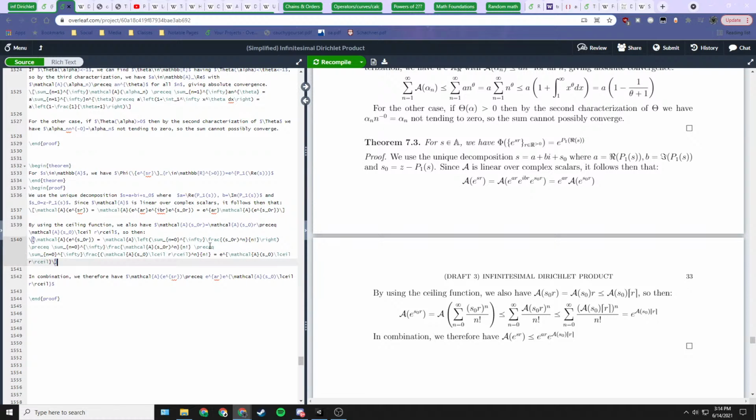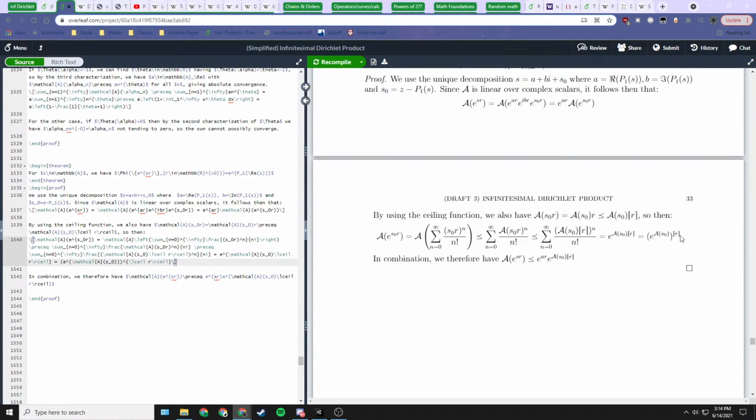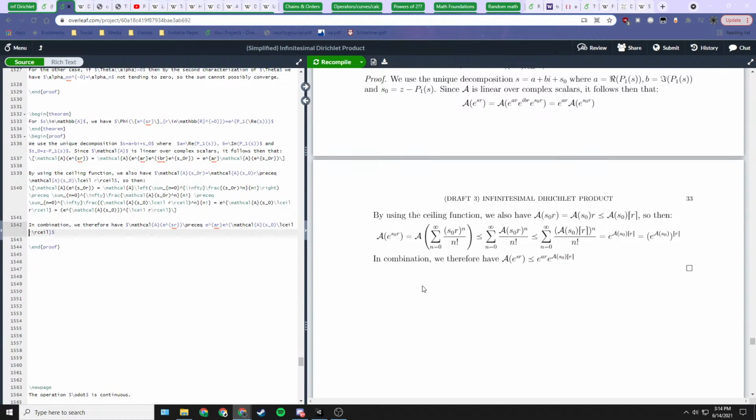Oh yeah, okay, I got it. So on and so forth. Okay, and then this would just be like this. That's why we need the ceiling, because now this is an integer. Okay, and then this is essentially the conclusion.